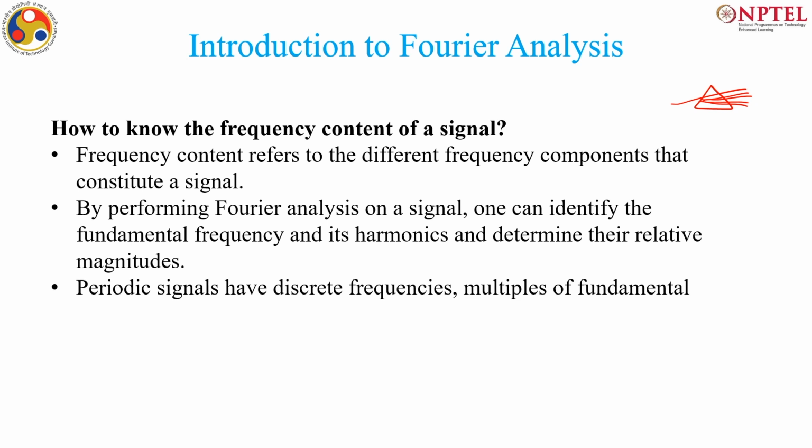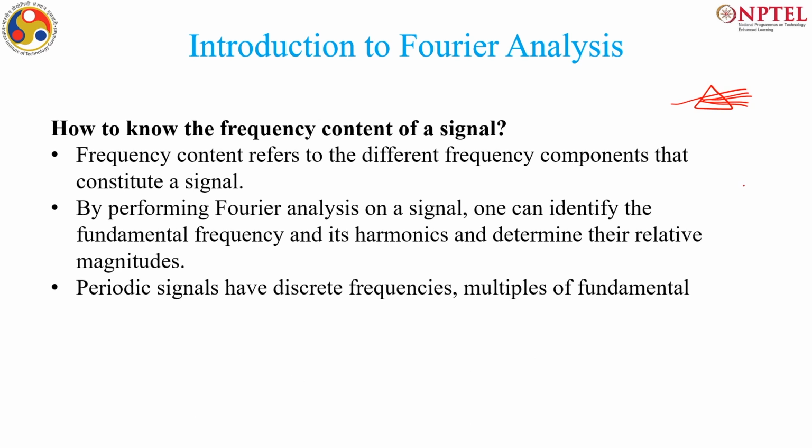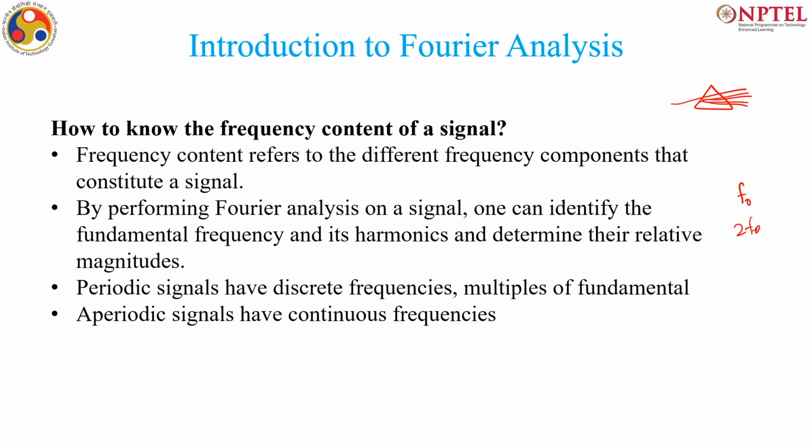Now, if the signal is periodic in nature, then there is a specific set of sine waves. There can be infinitely many sine waves also, but these sine waves are of discrete frequencies. Say if one frequency is f naught, the other frequency will be 2f naught, and so on, that is, multiples of the fundamental frequency f naught.